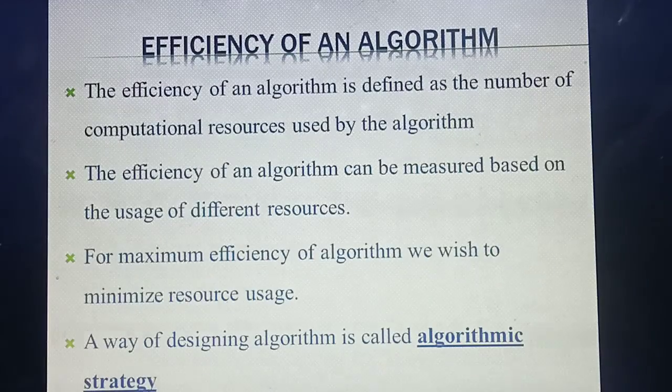Okay. The next one is the efficiency of an algorithm. How you are going to calculate the efficiency of an algorithm: it is the number of computational resources used by the algorithm.